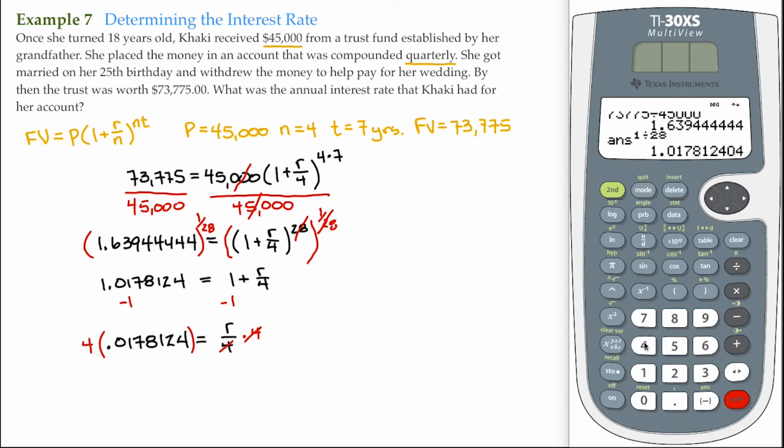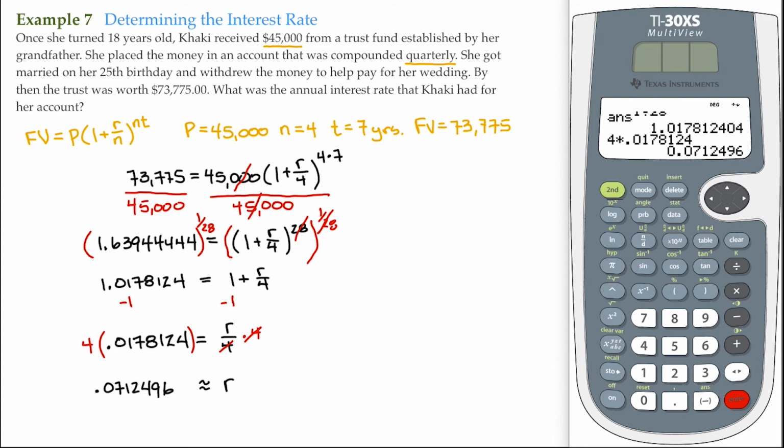So I'll take 4 times 0.0178124. Hit enter. So then the rate is approximately equal to 0.071249.6.